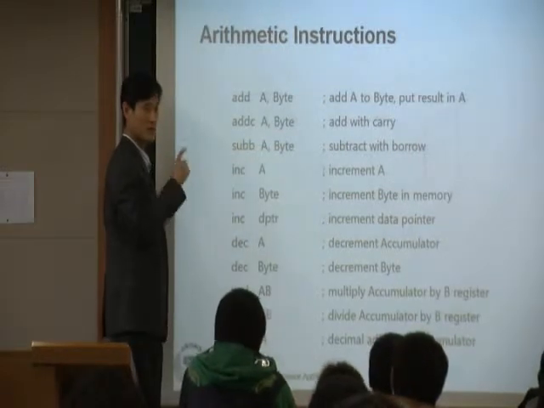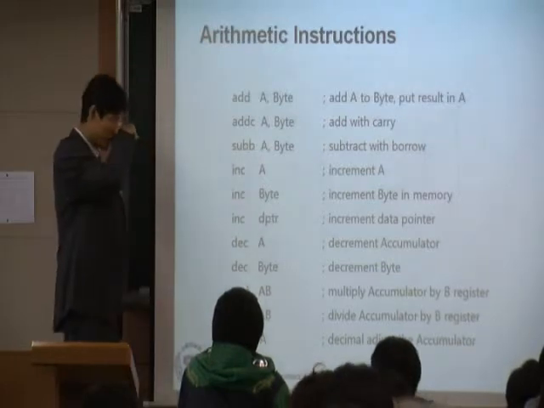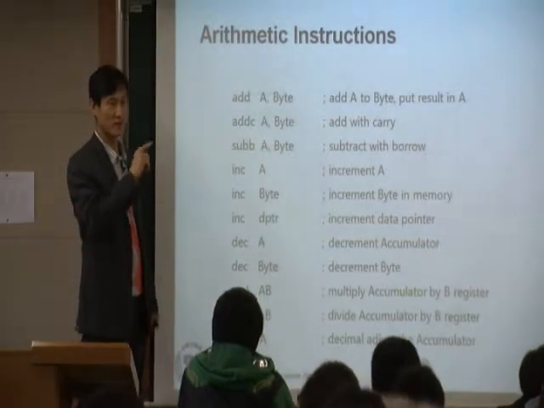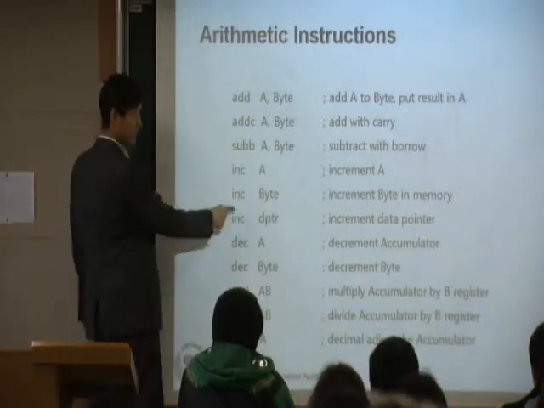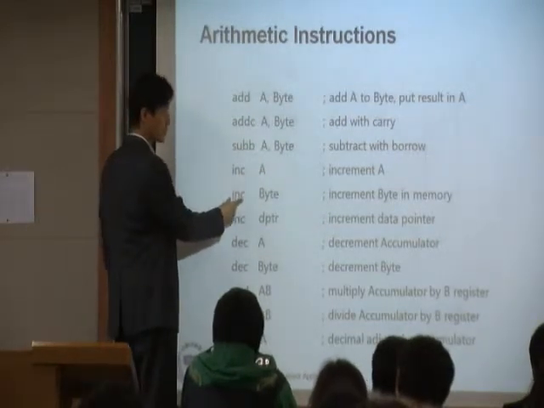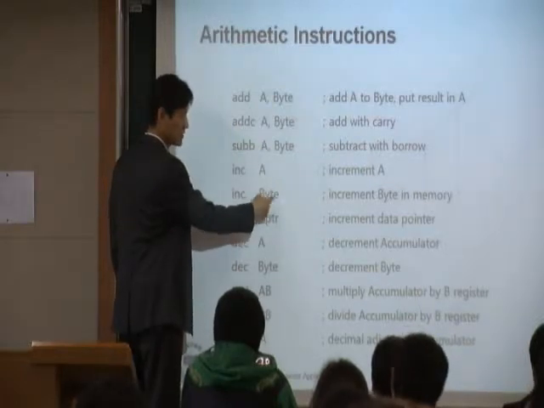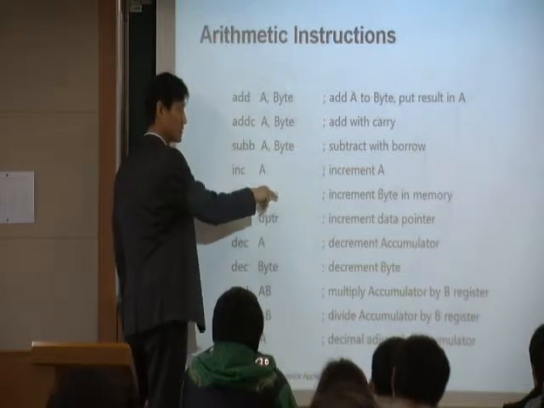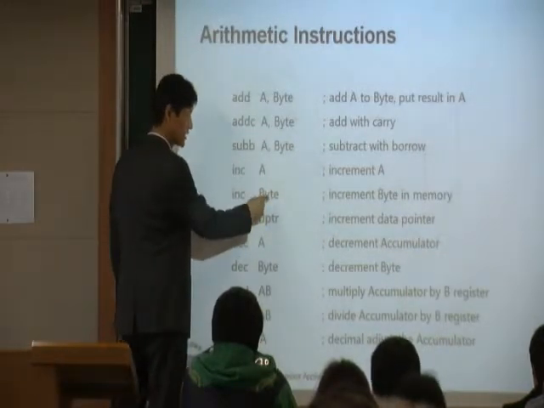Increment: +1 every time you run it. Of course, you have decrement, -1 every time. You can increment the value in A, or you can increment the byte. The byte in here is actually the address; you go to that address, then you will find the byte, and that byte you can increment.